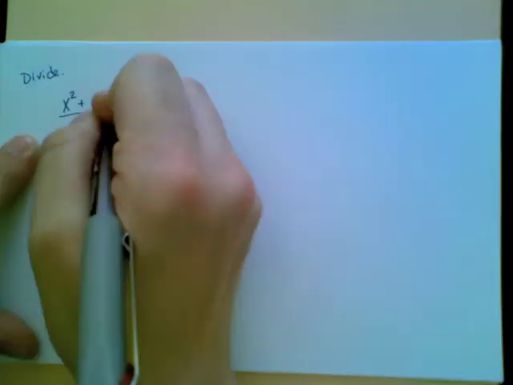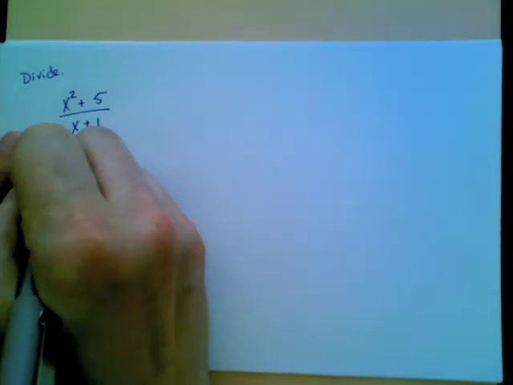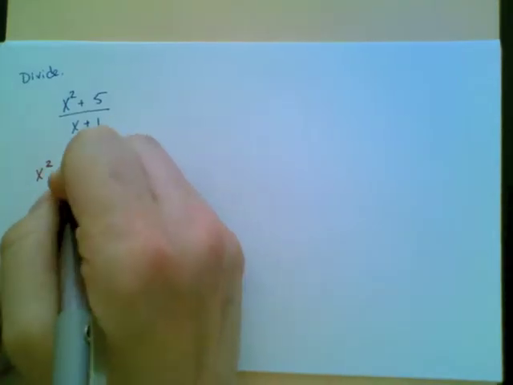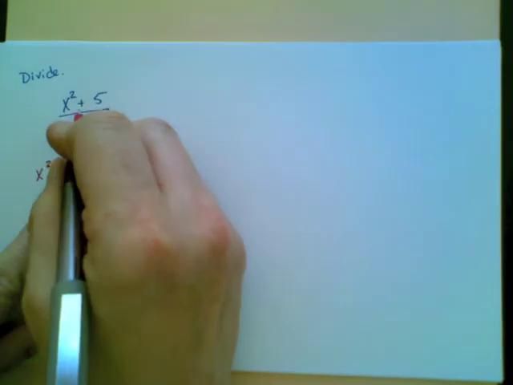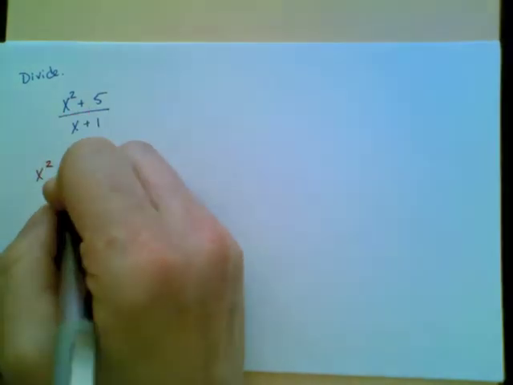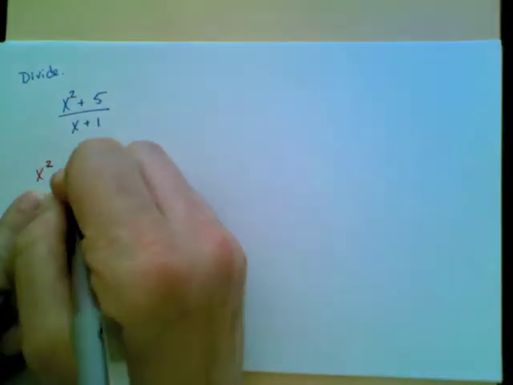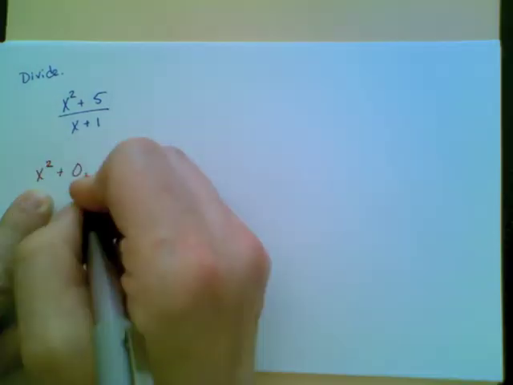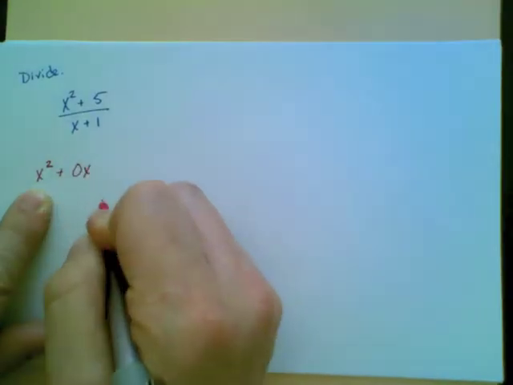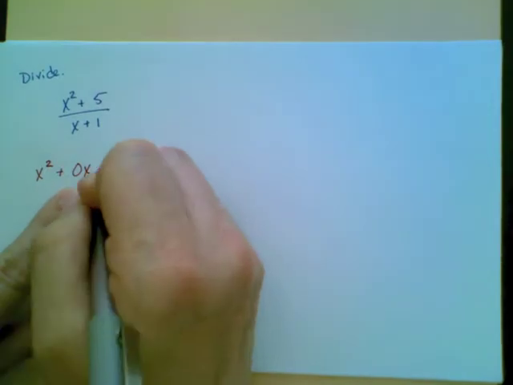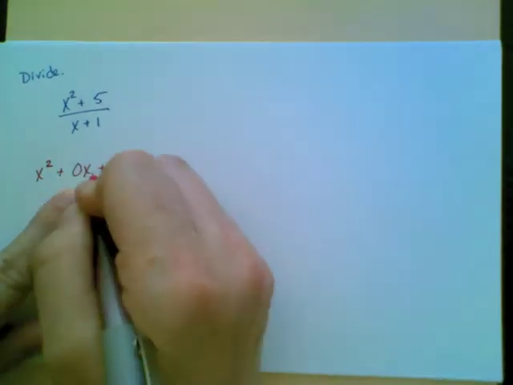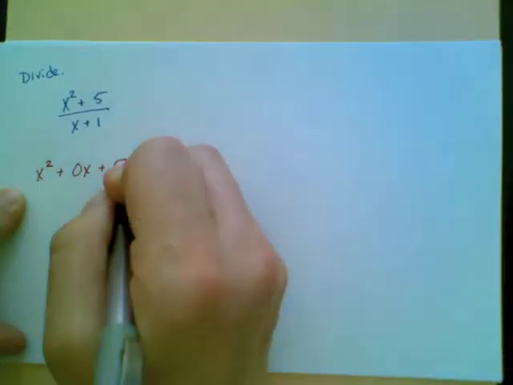First, I want to rewrite this so that I have a term written explicitly for every degree less than the degree of the polynomial. And the way that I'm going to force an x term to show up is by writing x squared plus 0x plus 5.